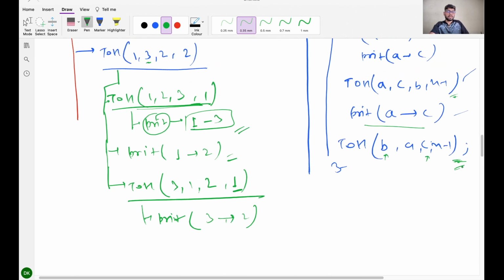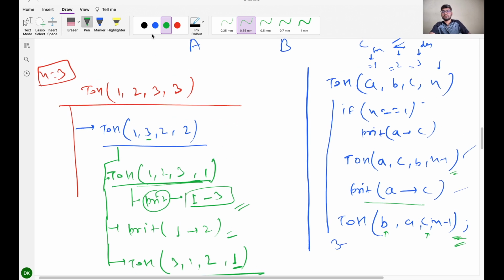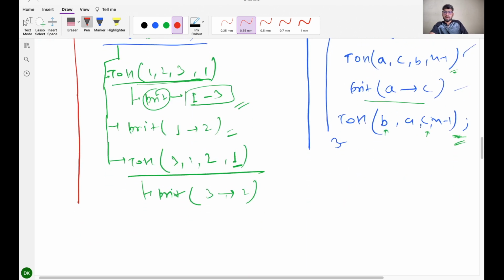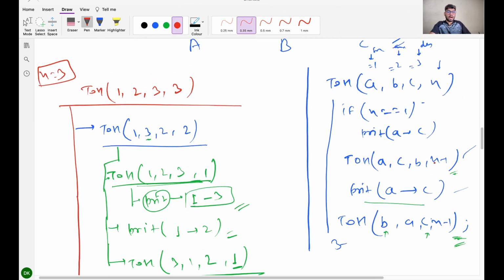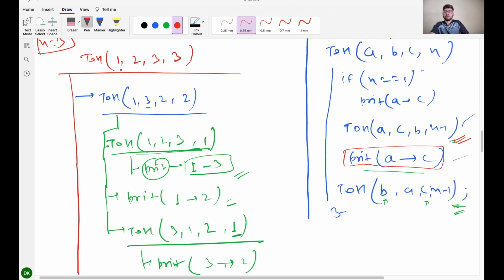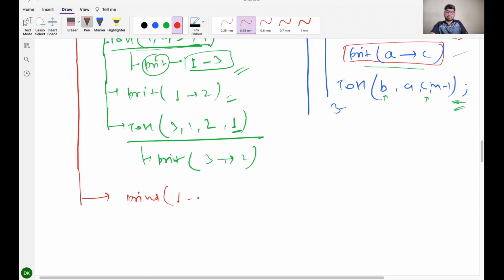After completing all the recursive functions for n equal to 2, I came back to n equal to 3. For n equal to 3 I have completed this recursive call, and after that I have to print A to C. For this n equal to 3, A is 1, C is 3, so I have to print 1 to 3.